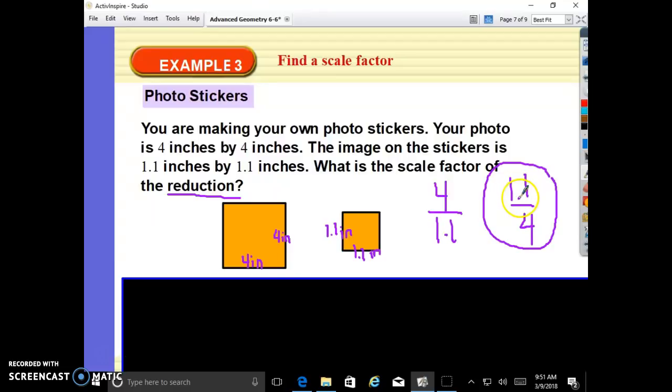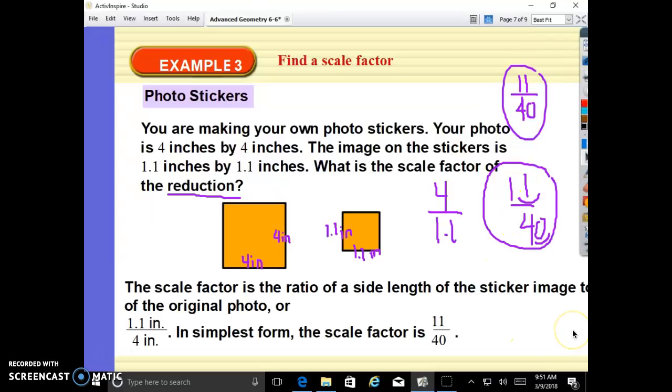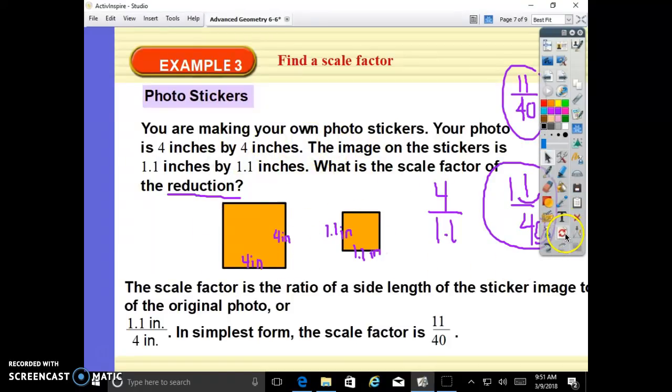In a fraction? No. Move my decimal over once. When I do the top, I must do to the bottom. So we're going to actually end up with 11 over 40 for our scale factor. Make sense? And always pay attention to your units. They gave us inches in both of these, so that's why we didn't have to do any conversions first.